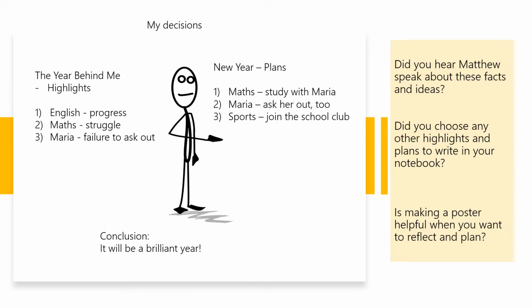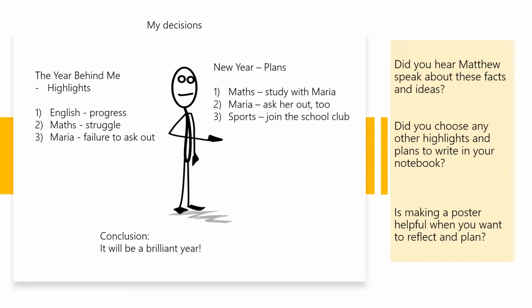Here are some ideas. Did you hear Matthew speak about these facts and ideas? Did you hear Matthew speak about the year behind him, in which the highlights were his progress in English, his struggle with maths, and his failure to ask a girl called Maria out?